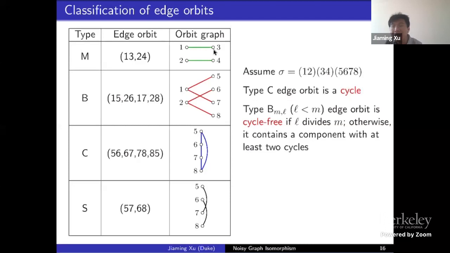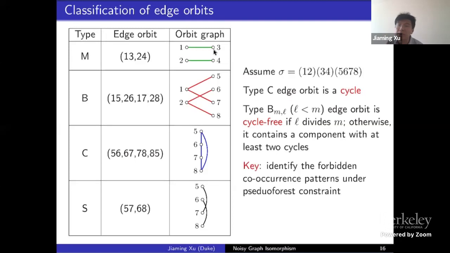Otherwise, if L does not divide M, you will discover that it contains a component with at least 2 cycles. So under the pseudoforest constraint, you can only have this type B(M, L) edge orbit when L divides M. The key to our enumeration is to identify all these possible forbidden co-occurrence patterns for edge orbits under the pseudoforest constraint.